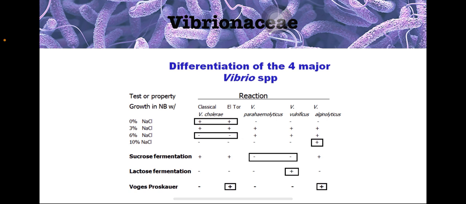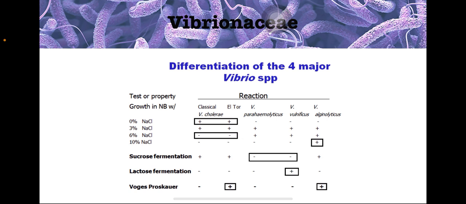So let me give you some tips on how you're going to memorize them. So when we talk about cholera, it's related to your toxin, and then the characteristic rice water stool, and then we also have the El Tor type. And then we also have parahemolyticus, which is commonly found in seafoods.